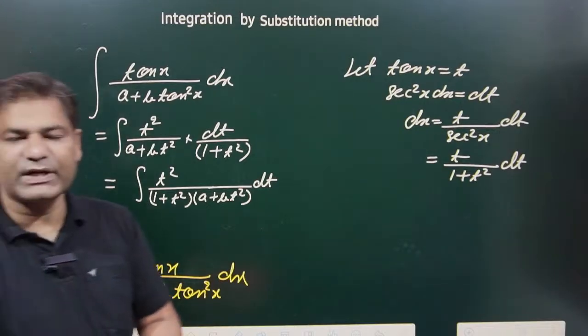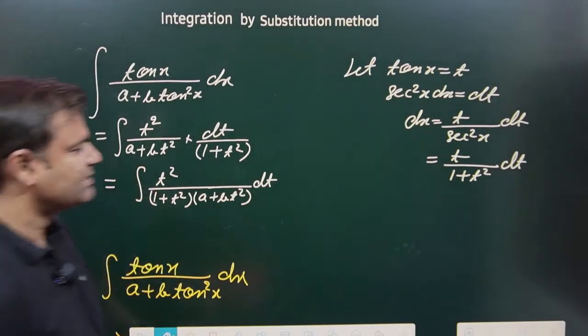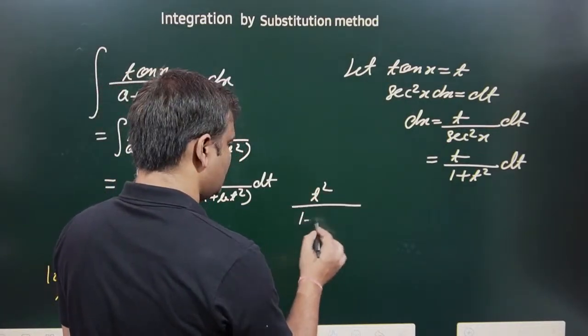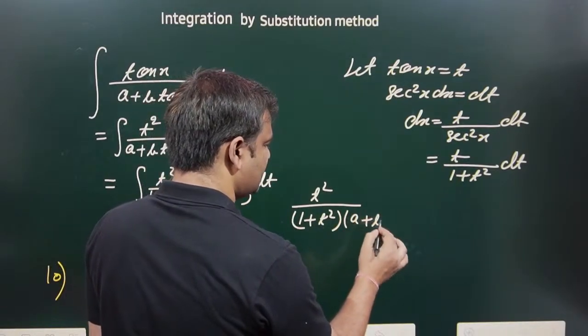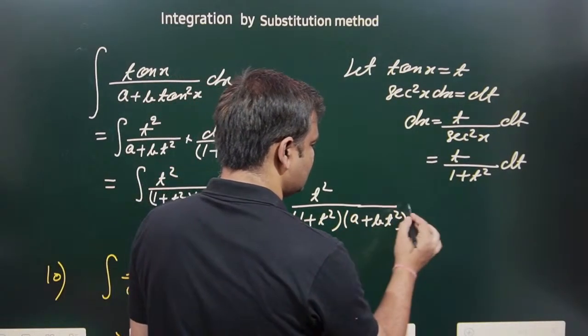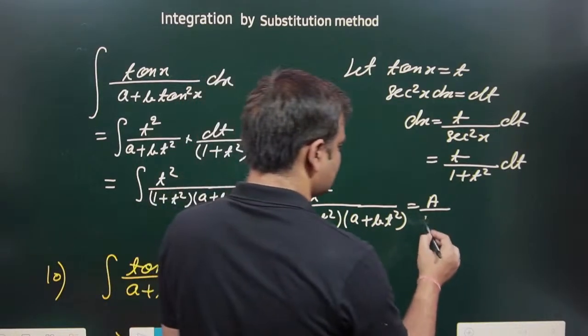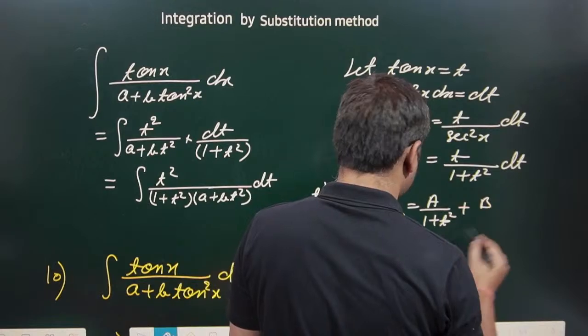Simply using partial fraction. Here t square upon 1 plus t square into a plus b into t square is replaced by A upon 1 plus t square plus B upon a plus b into t square.